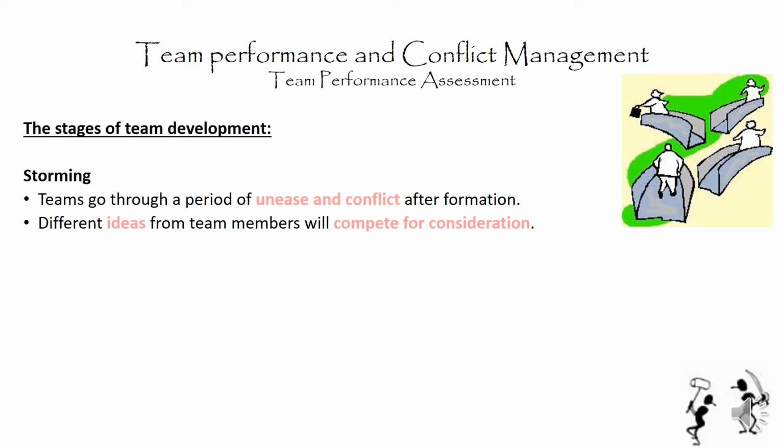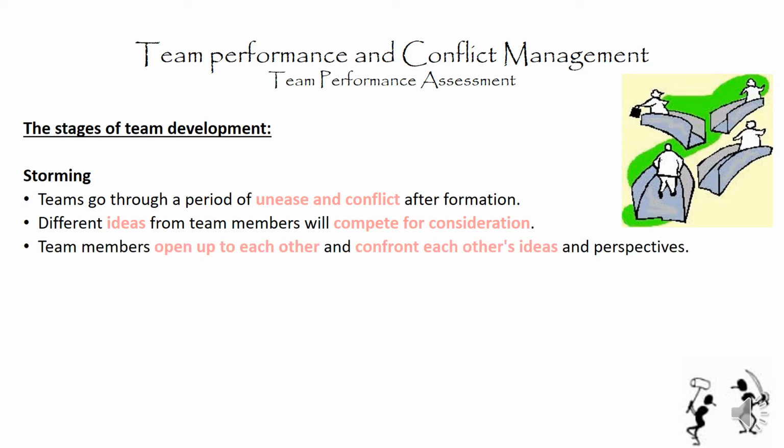So different team members will obviously have different opinions, and they're going to be giving different ideas. And obviously everybody wants their ideas to sound like the better one, and everybody wants their idea to be chosen as the idea for implementation. So team members open up to each other and they confront each other's ideas and perspective. This is now where the conflict is going to start, because people are not always going to agree with each other. There's going to be conflicting opinions.